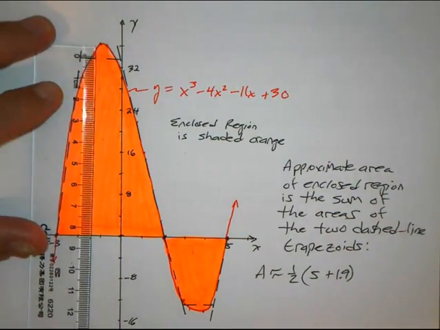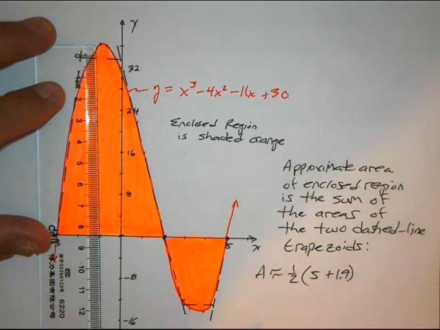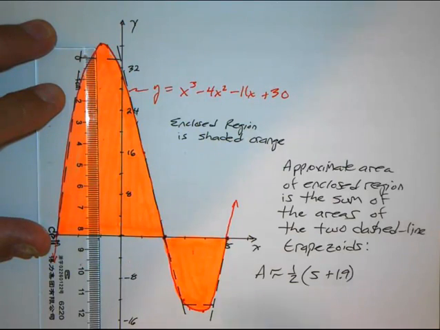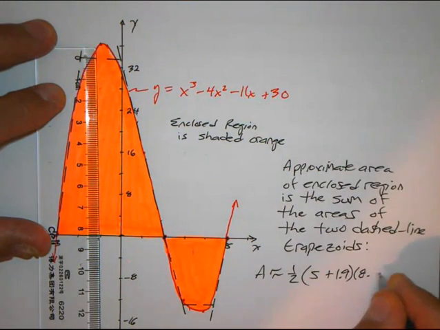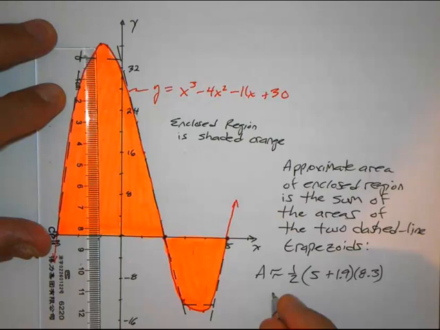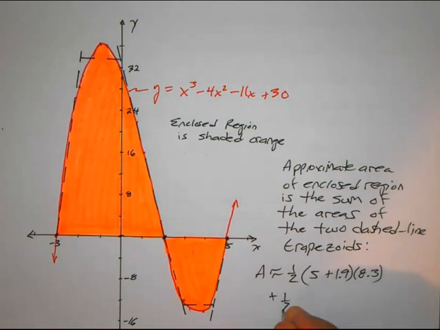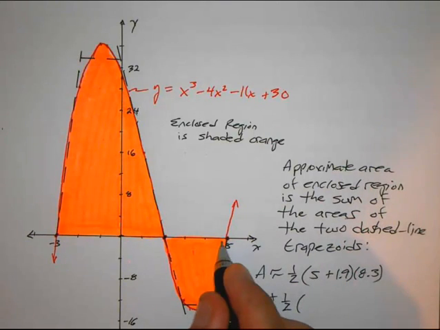Here I measure the height with the ruler in centimeters, but I momentarily forget to realize that the y-axis is not scaled 1 unit per centimeter, it's 4 units per centimeter. So momentarily I have an error here.